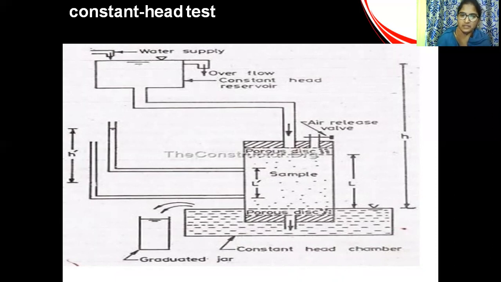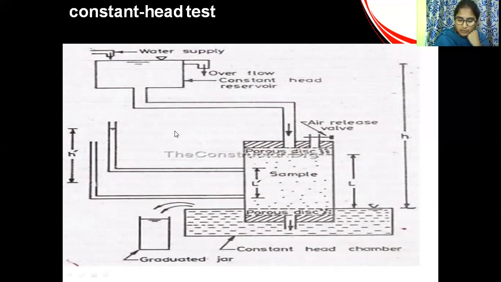After partial compaction, the soil is filled in the mold, which is connected to the outlet of the water supply, the constant head reservoir. The outlet of the constant head reservoir is connected to the inlet of the mold.